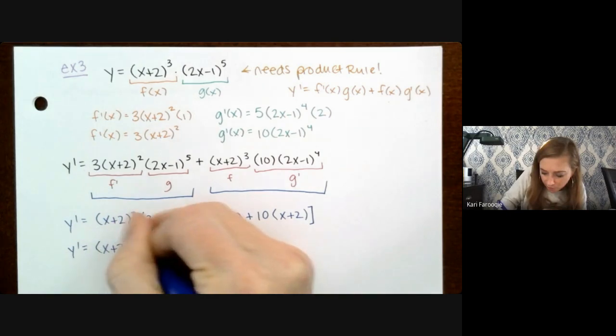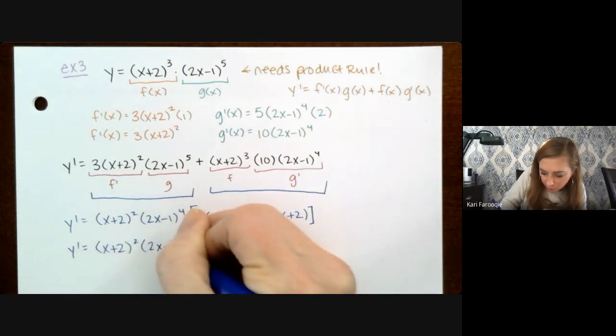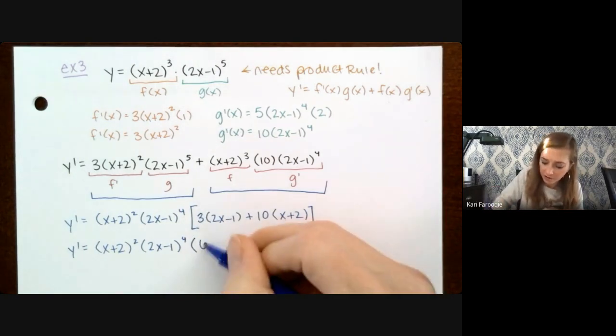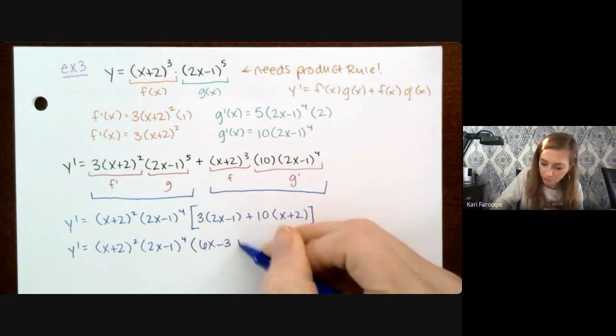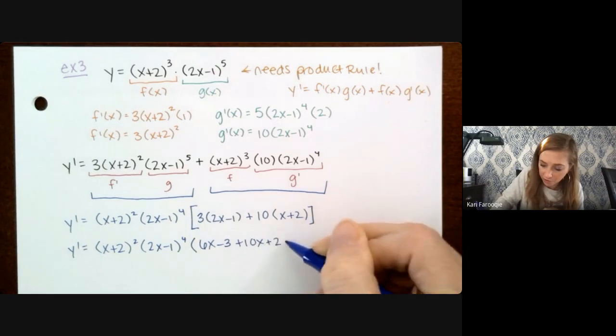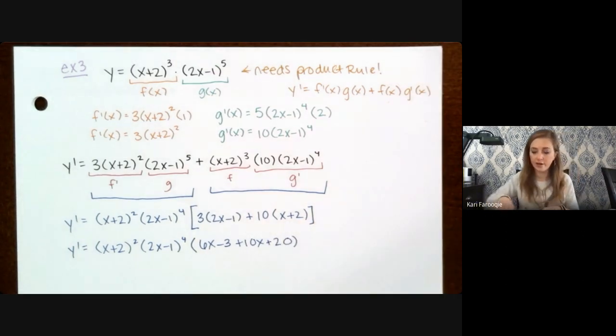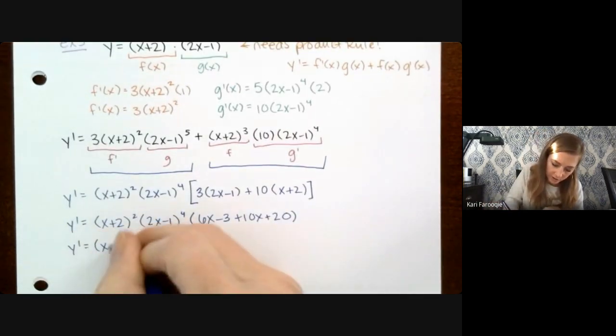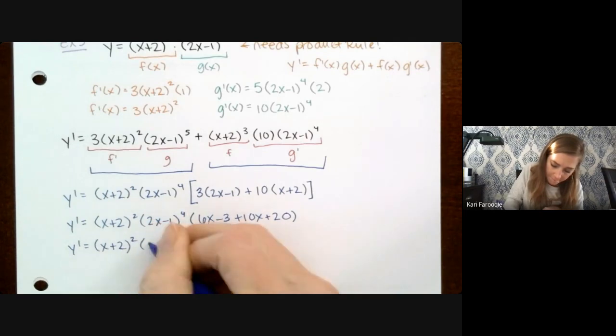x plus 2 squared times 2x minus 1 to the 4th times, and this is going to become 6x minus 3 when I distribute, plus 10x plus 20. And then one more time, I'm going to simplify inside these parentheses so we can get this looking tip top.